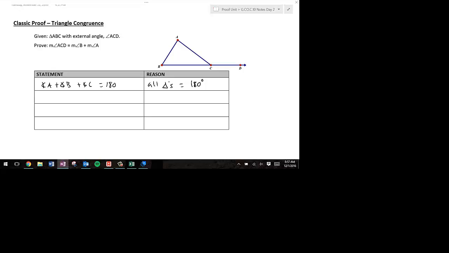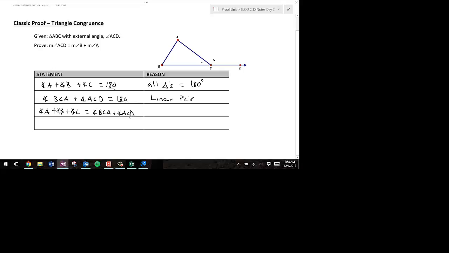We also know we have a linear pair here, that angle BCA plus angle ACD equals 180 degrees. Since I have 180 degrees here and here, I can substitute in and say that angle A plus angle B plus angle C equals angle BCA plus angle ACD.